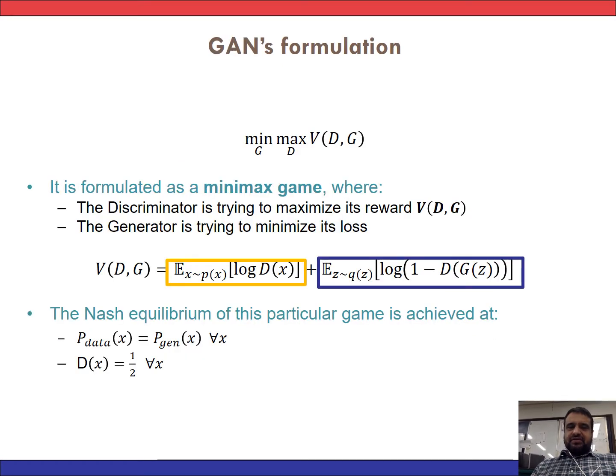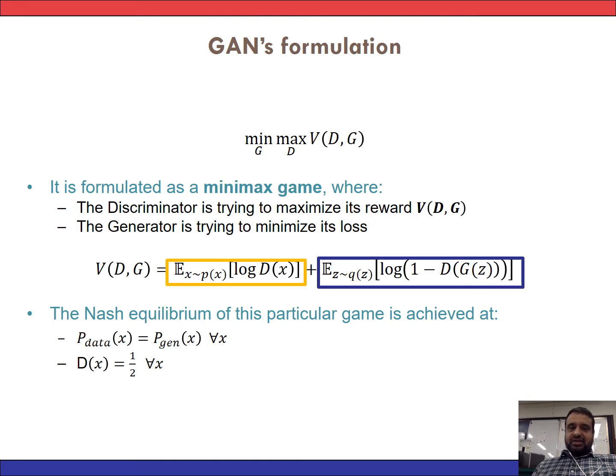Now let's formulate the objective function, or the loss function, for the generative adversarial network. As I already explained, there are two models which are trying to fight against each other, where we are minimizing the objective for one network and maximizing the same objective for the other model.